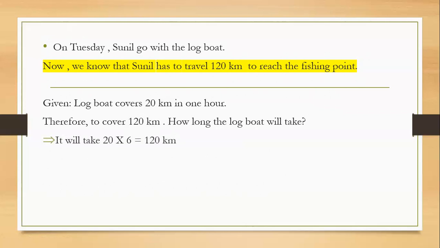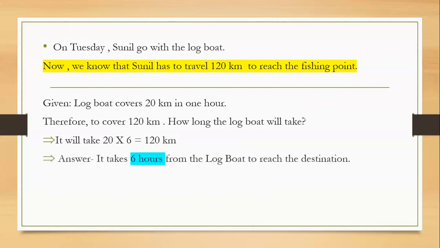It will take 6 times of 20, which is 120 kilometer. So this 6 is the answer. It will take 6 hours to reach the destination. So please remember this word mooring. From the mooring to the fishing point, it will take 6 hours with the logboat.